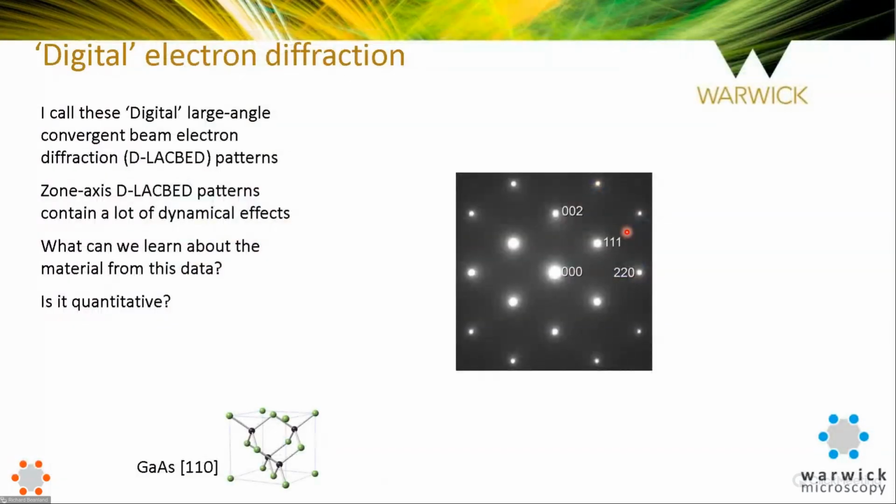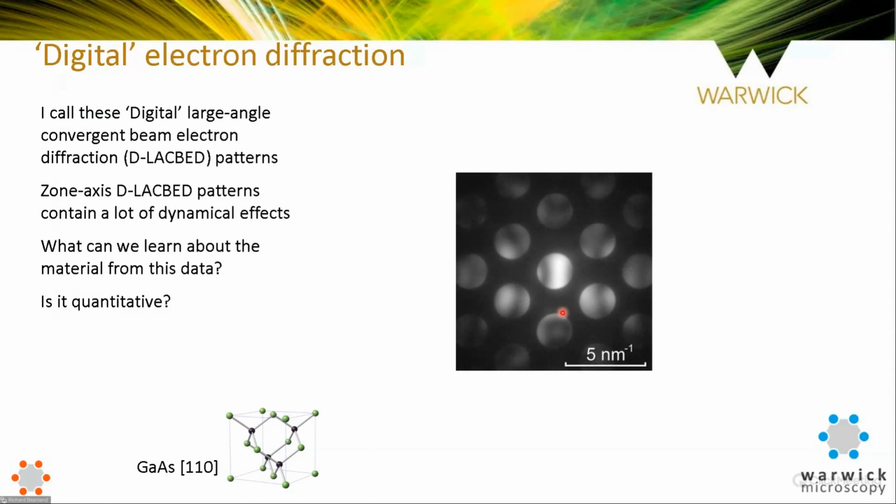Okay, here's another example. I call them digital large angle convergent beam or D-LACBED patterns because you can only really get them with computer control. Again, here's a comparison between a spot pattern that you get with a parallel beam, a convergent beam pattern with a convergent incident beam, and then the difference between that and your LACBED data.